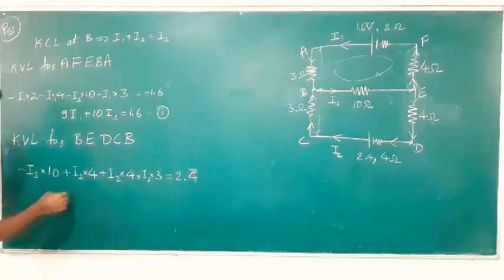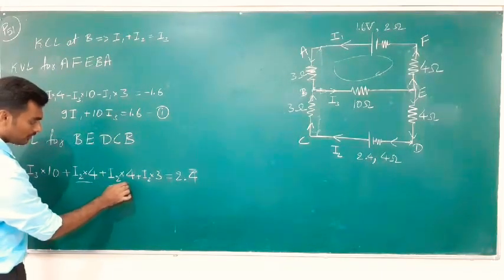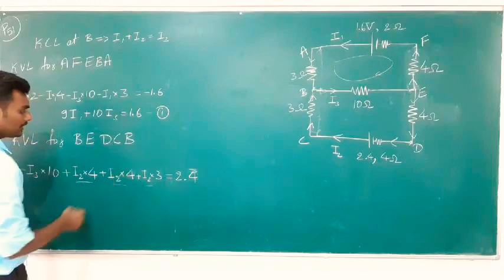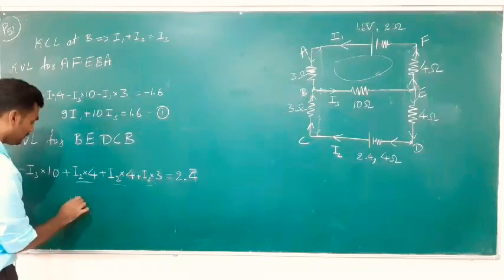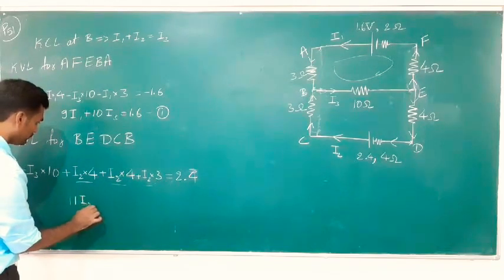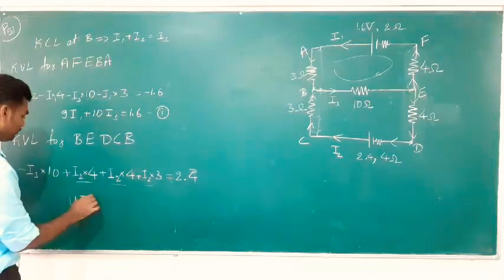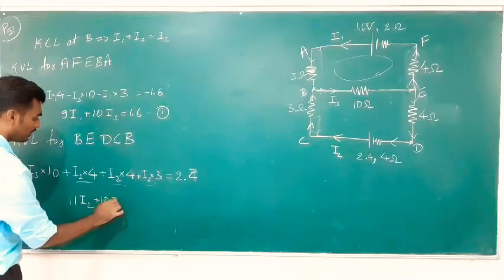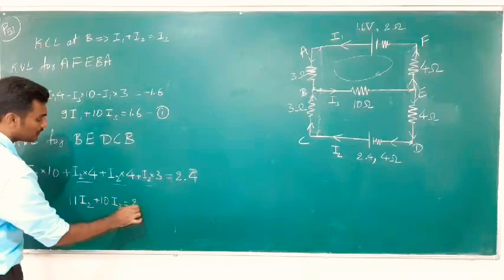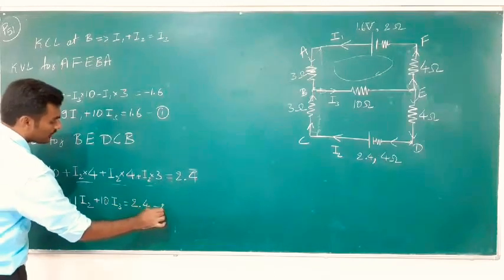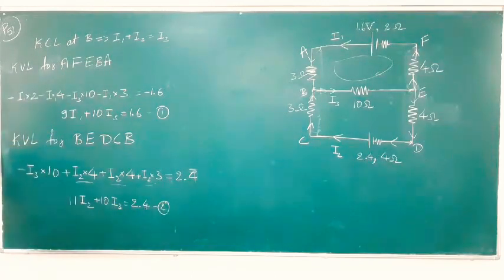So simplifying this, 4I2, 4I2, 3I2, 8 plus 3, 11 I2 plus 10 I3 is equal to 2.4. Let this be equation 2.